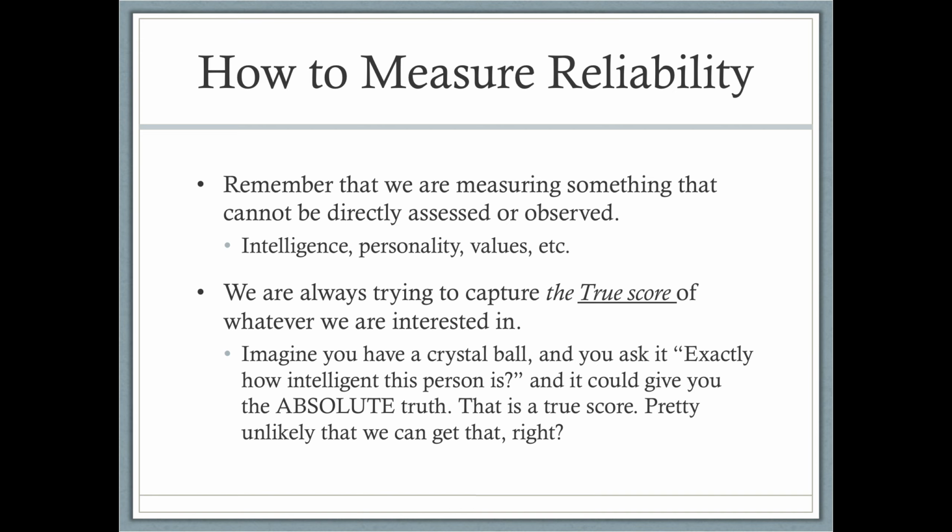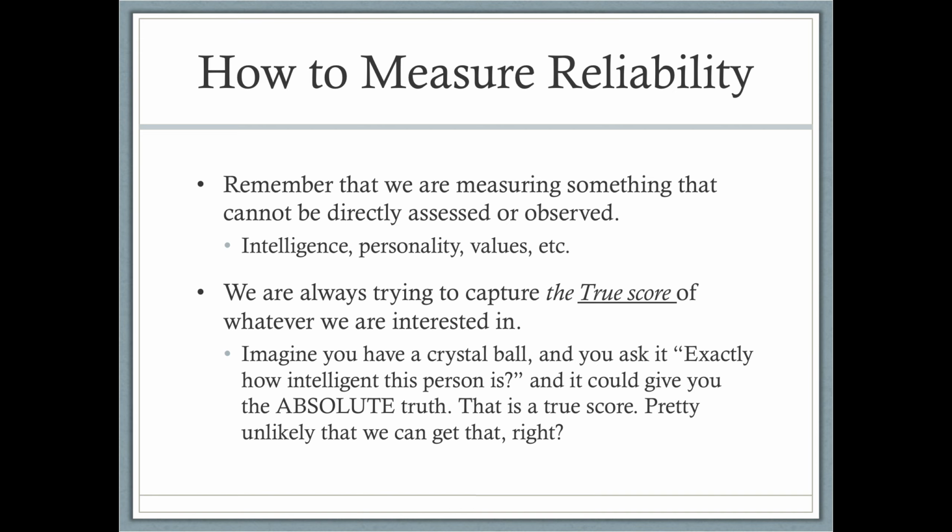So think of intelligence. You want to do an IQ test on a child. Well, it would be great, in a perfect world, if we would get this immutable number that says this child has this IQ. This is exactly how smart they are.